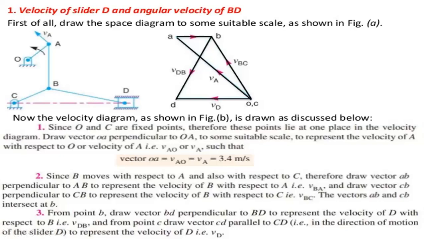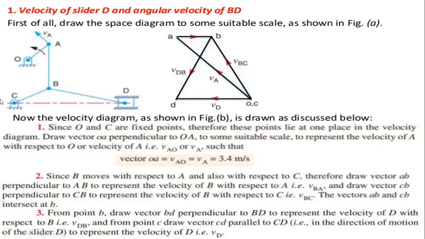Then from point C, draw the vector CD, in the CD position of the space diagram.